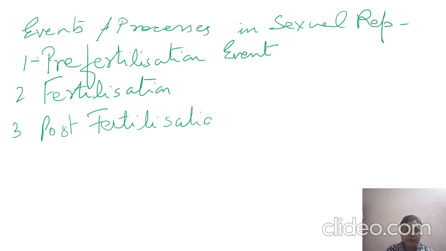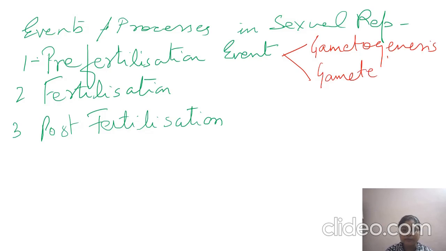Now let's look at what is happening in each event. In the pre-fertilization event, you can divide it under two categories. That is gametogenesis, and then gamete transfer. How it is getting transferred, we will look at it.